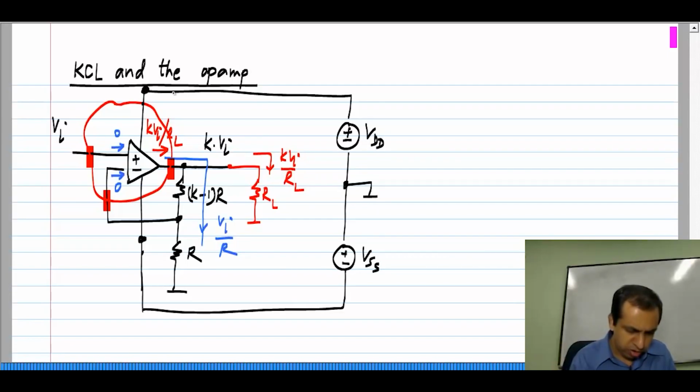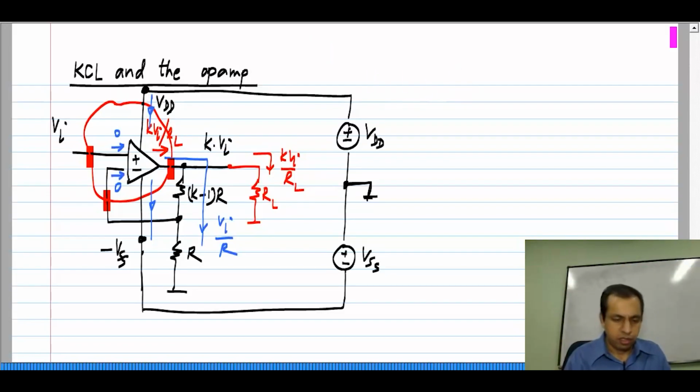Okay. So, the positive supply is connected to VDD, the negative supply to minus VSS with respect to this ground. Okay. So, the currents through these are clearly not 0. Okay. So, the current flows through the supply terminals. So, that is how the sum of these currents will get balanced.